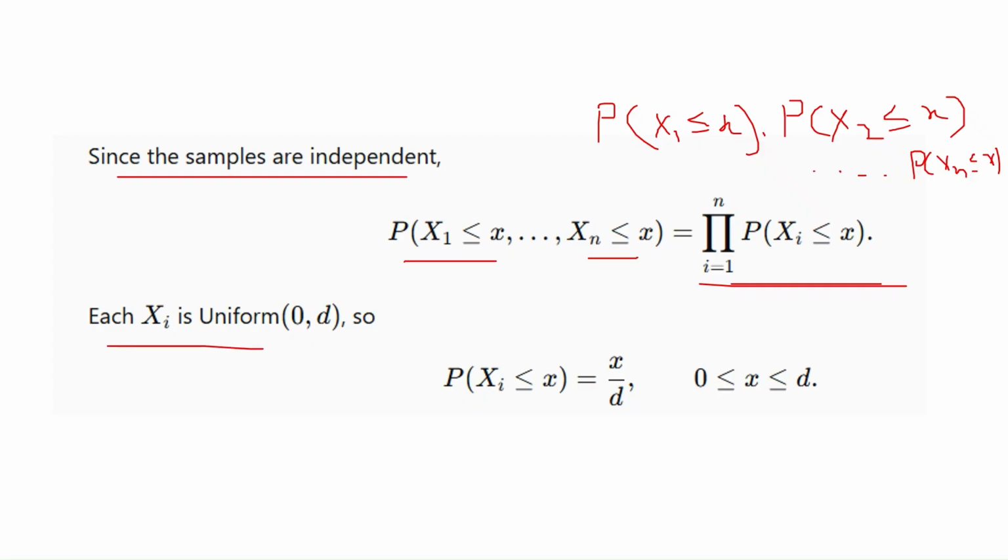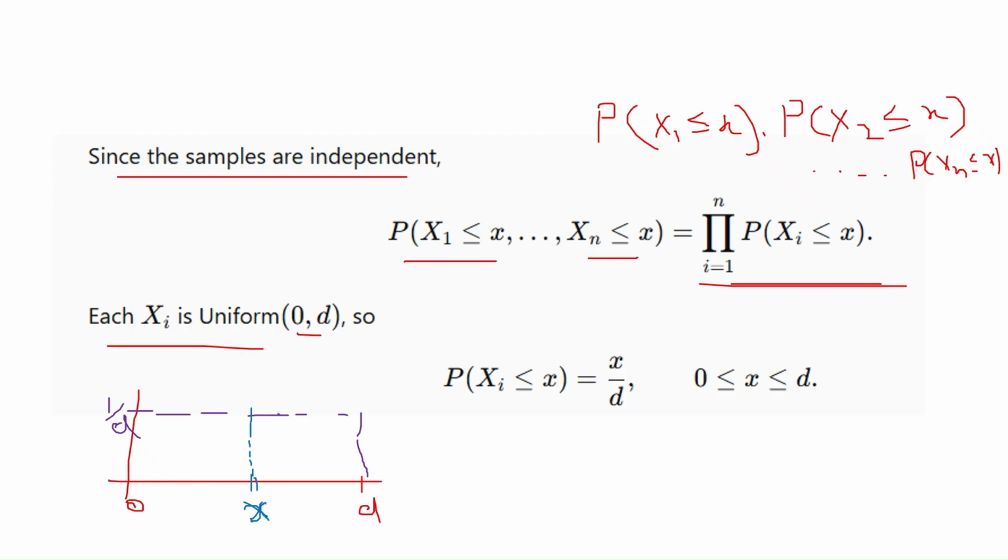Now each xi is uniform over 0 to d. So this is, let's say, 0. This is d. The height of this rectangle is 1 over d. And let's say this point here is x, small x.